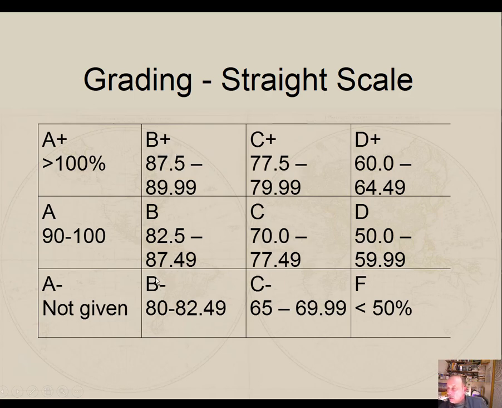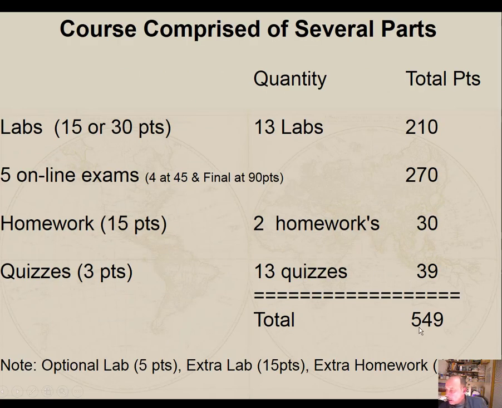So it's all about a straight scale, no curve, and these are the grade ratings, and working on that 549 points. So you'd be watching the Moodle all the time to see how your points are and making sure you don't get behind on the lab work or the exams, obviously, or homework and the reading quizzes.